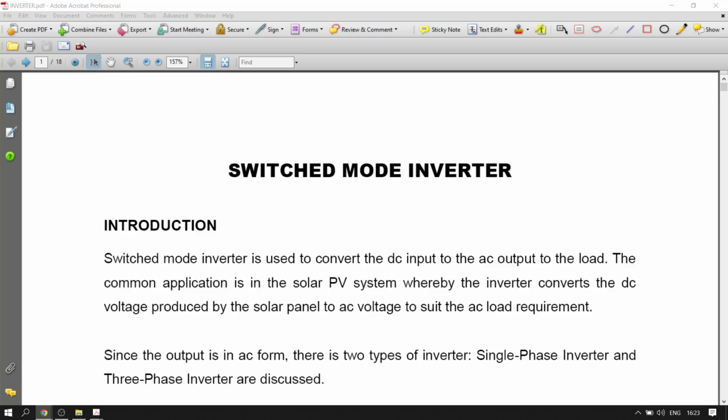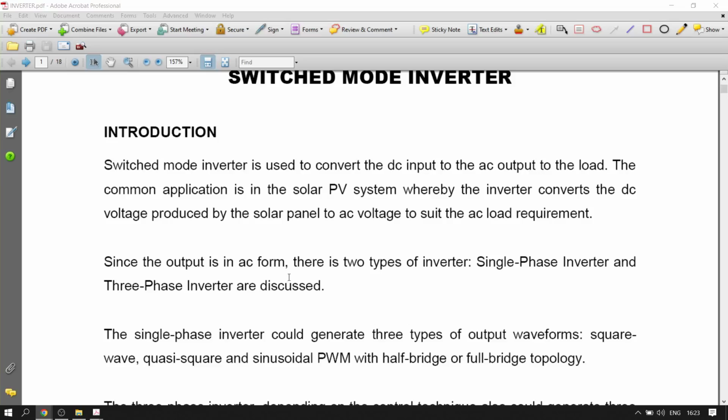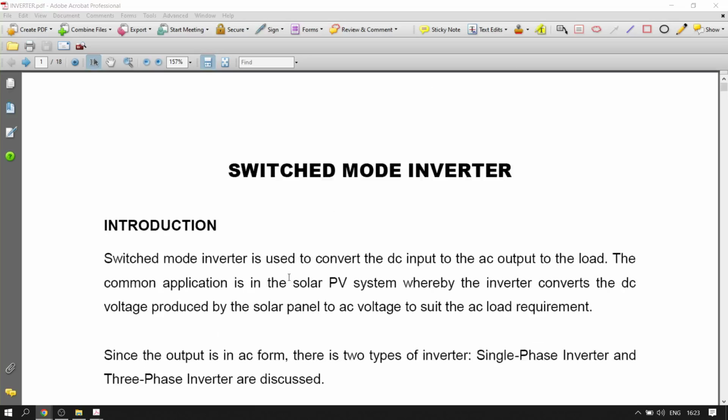So on the switch mode inverter, we have an inverter that converts DC to AC. Normally we apply it to the solar PV system, whereby the output from the solar panel will be in the form of DC voltage, and then you need this inverter to convert the waveform from DC to AC to suit the load requirement.